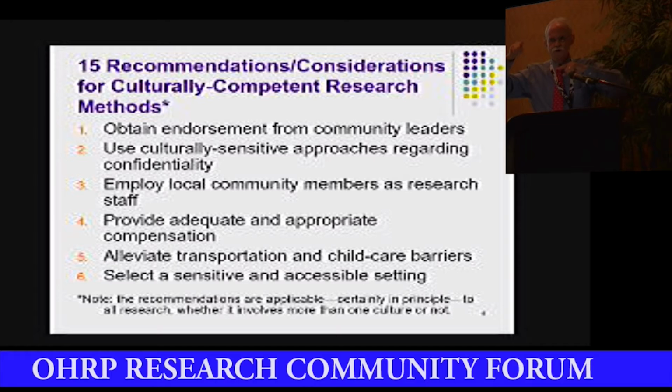I'm just going to do the first two on each as an idea about how to read these at your leisure. I'll turn them into questions. So like with the first one, do you need to obtain endorsement from community leaders? Because there it's obtain endorsement, but sometimes you'll be in a culture where you don't need to be doing that. But the question always needs to be asked. And the second one, do you need to consider using culturally sensitive approaches regarding confidentiality?